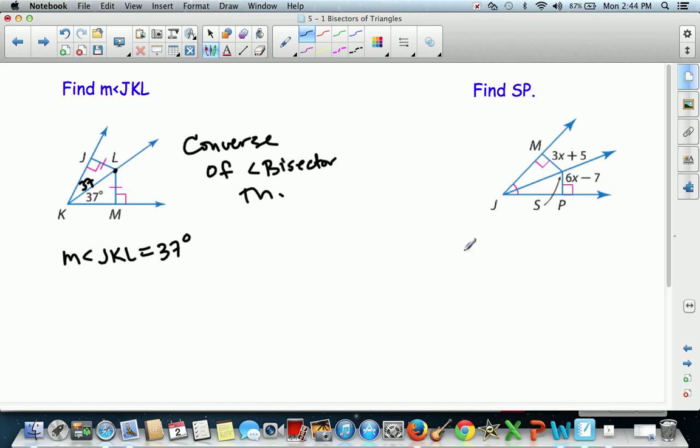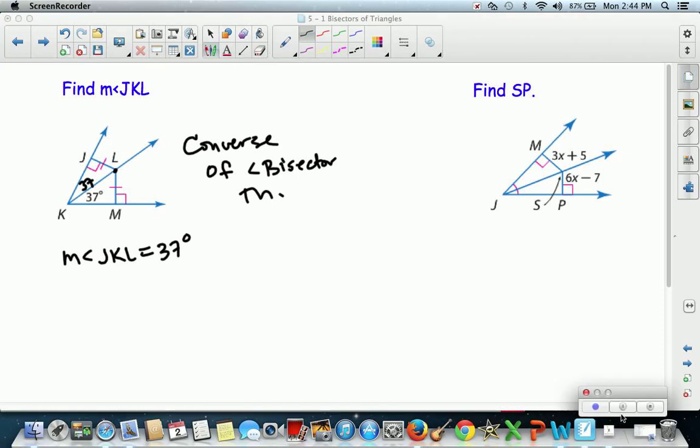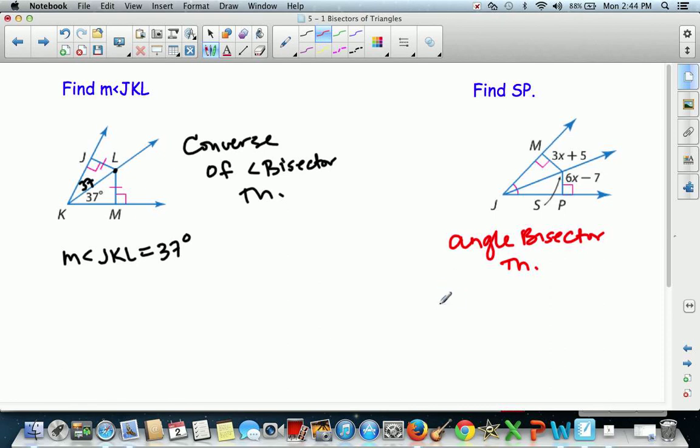Now I want you to pause the video and find SP. I want you to do this next problem. Okay, you could have seen in your packet that you're using the angle bisector theorem. Because of the angle bisector theorem, you can set 3x plus 5 equal to 6x minus 7 in solving for x.